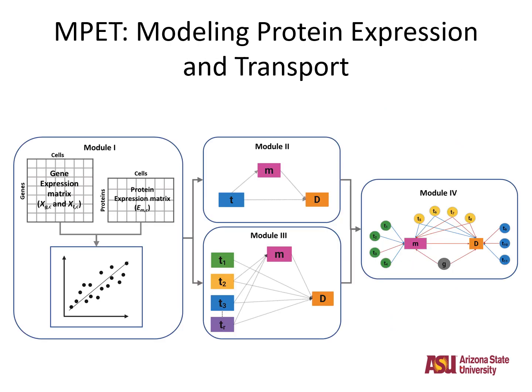This slide provides an overview of the MPET framework. MPET stands for Modeling Protein Expression and Transport. Starting with site-seq data, which simultaneously measures gene expression and surface proteins, MPET analyzes how ICT contributes to surface protein regulation. Module 1 identifies ICT genes associated with surface protein abundance after accounting for the expression of the corresponding coding gene.